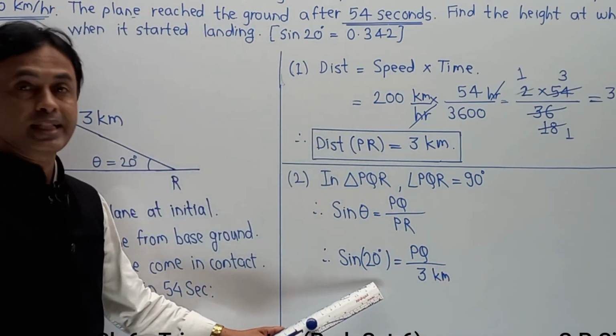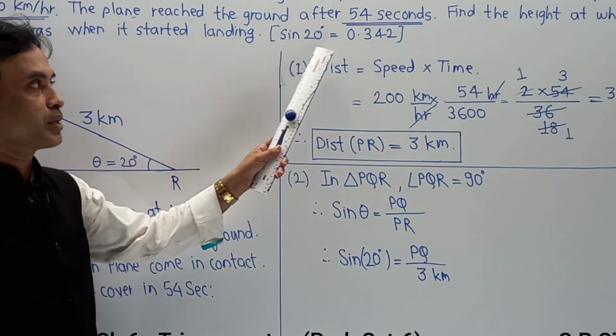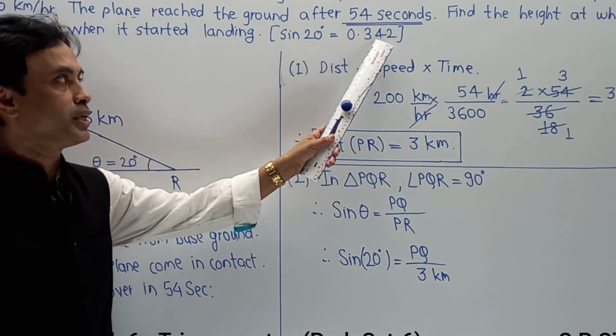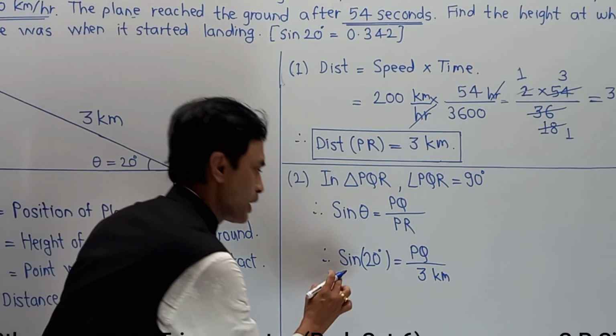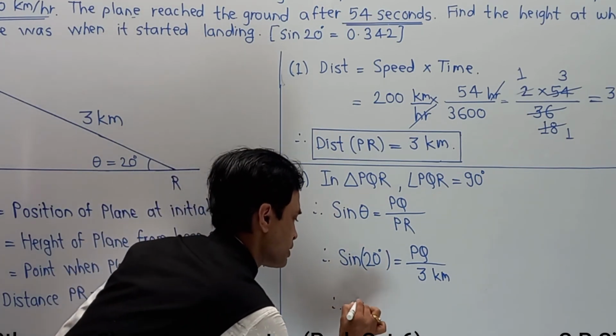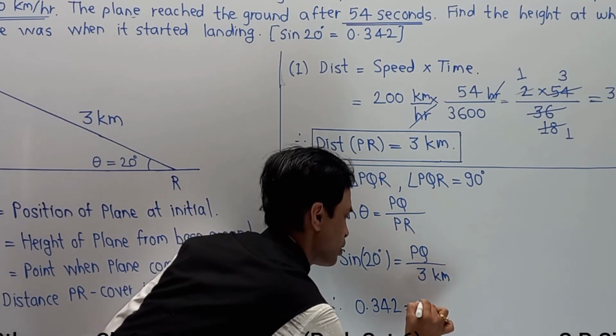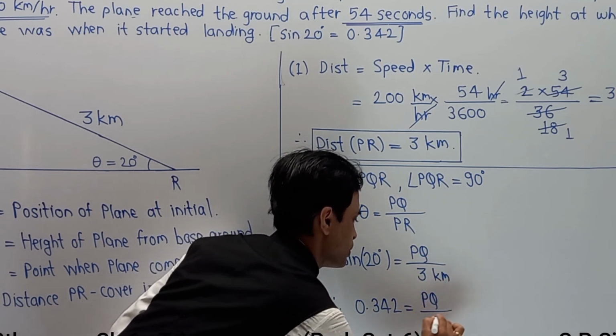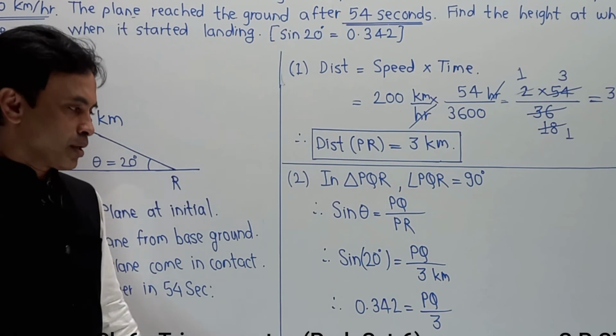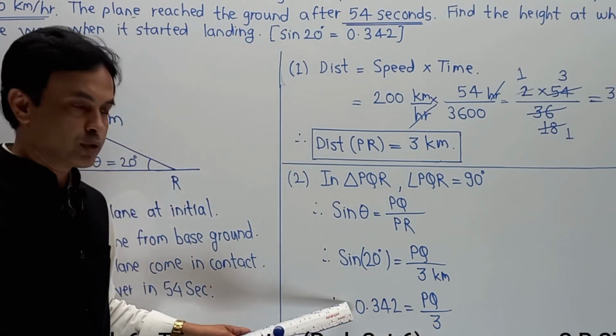Next, sine 20, they themselves provide you a value of sine 20, that is 0.342. So I'm going to write that value: 0.342 is equal to PQ upon 3. Now simply you have to multiply by 3 to this term.